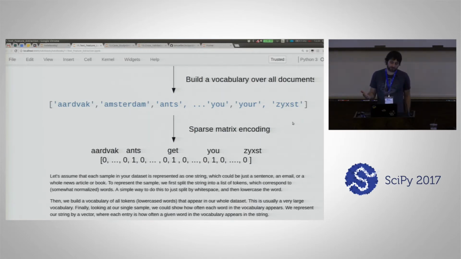So we use a sparse matrix representation that only stores the words that actually appear. This is called the bag-of-words representation because you only count the presence of words. It's like shoving all the words into one big bag, and you don't care about the order. No matter what the order of the words is, this will give you the same representation.